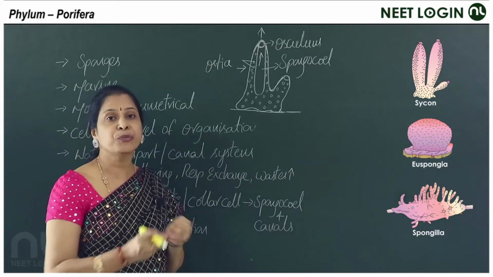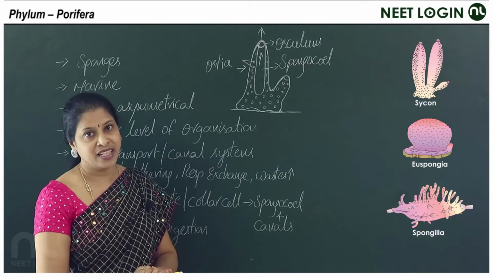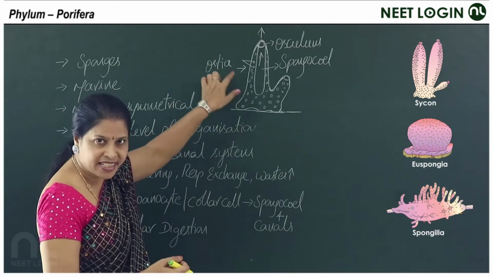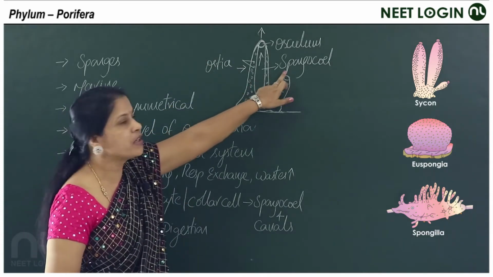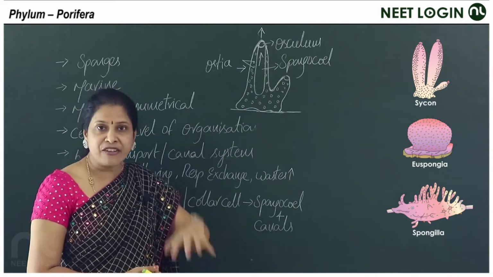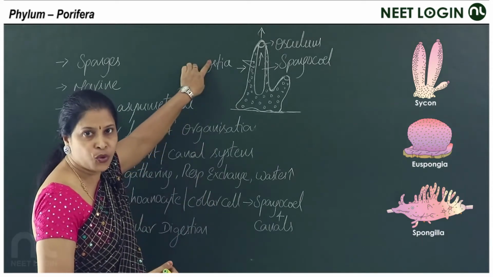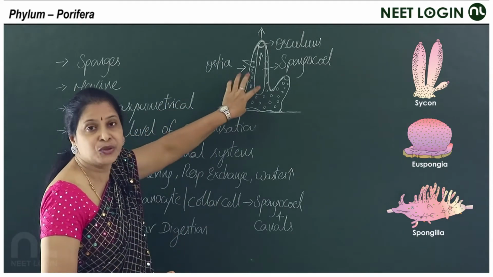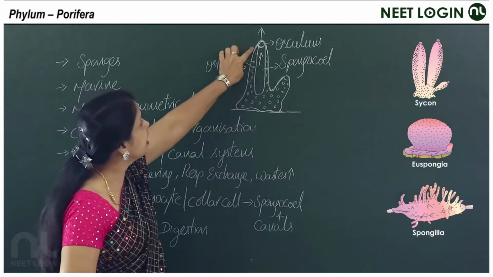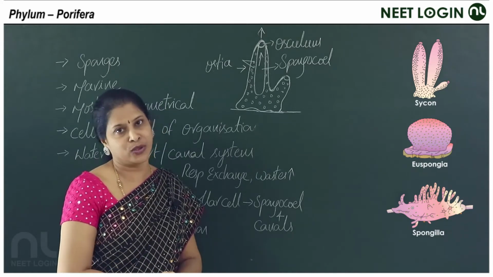Several minute pores are present on the surface of the body. This water enters into the cavity called the spongocele. Cele means cavity. It is the cavity of the sponges. Water enters through the ostia into the spongocele, and it leaves through the exhalant aperture called the osculum.